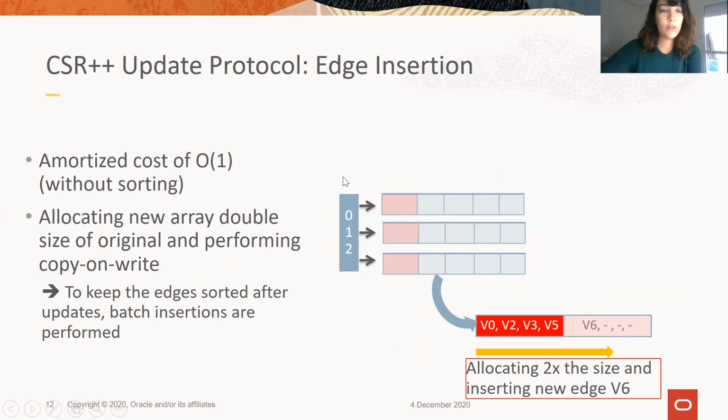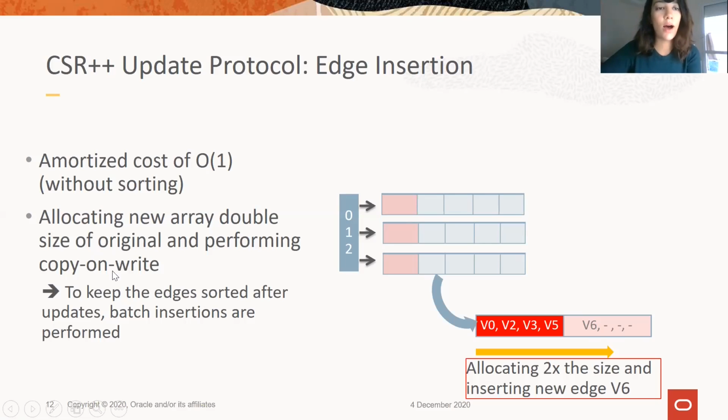Next is the edge insertion update protocol. As I mentioned before, in CSR++ we implement growable expandable arrays, meaning that when we want to insert a new edge, if we don't have enough space in an array, we allocate a new array, double the size of the original, and then perform copy on write.